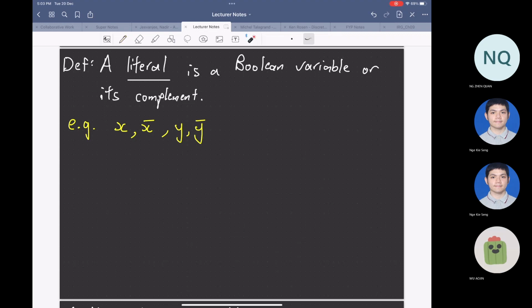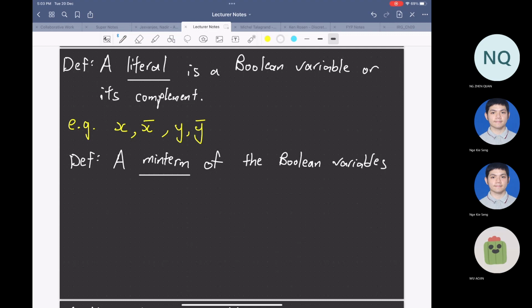And then next is called the min term. A min term is the product of these literals. So the min term, minimum term, of Boolean variables y1 up to yn is a Boolean product. Just now we introduced the Boolean product, right?